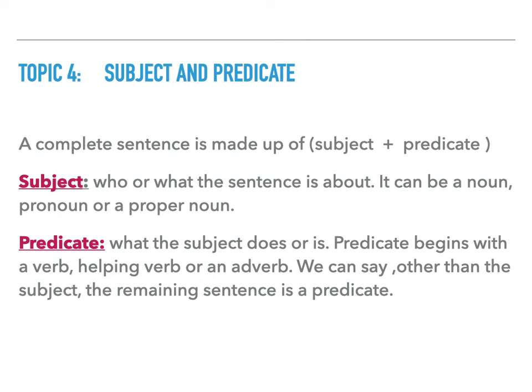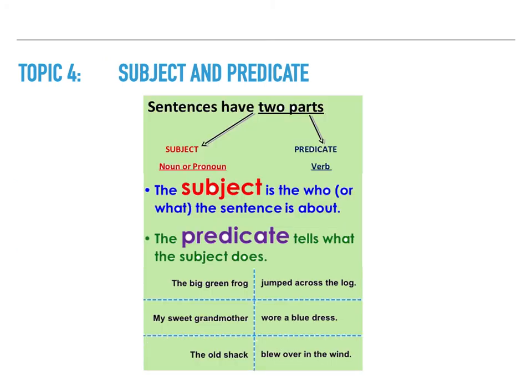We can say other than the subject, the remaining sentence is a predicate. How will you divide it? A sentence can be divided into two parts. One is subject and the other is predicate. Predicate starts with the verb, I told you, and subject can be noun or pronoun. The subject is the who or what the sentence is about. The predicate tells what the subject does.